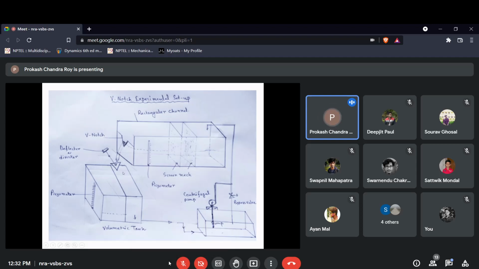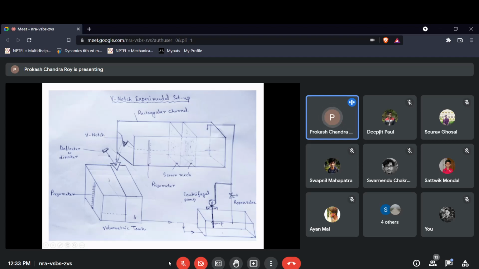This chamber is directly connected to the sump. When the water comes here, this is called the deflector. The function of the deflector is to change position to fall the water from this chamber to this chamber, or when you do the measurement, you take the water to this tank. There will be another piezometer here.